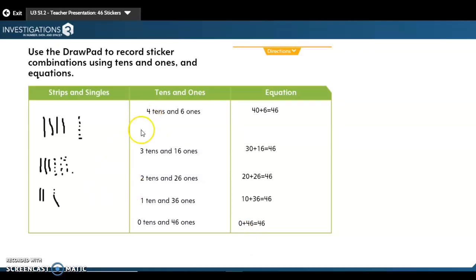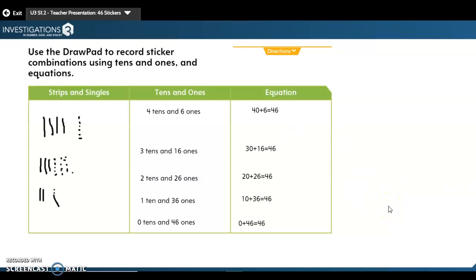So 4 tens and 3 tens goes down by 1. However, your 6 ones and your 16 ones go up by 10 more each time that you go down. Do you also notice that the singles and the ones all end in 6? They all end in 6 because we had those 6 singles.